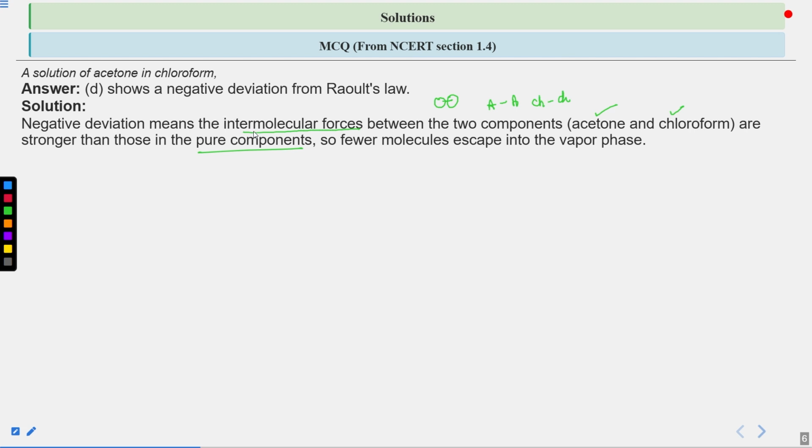And the intermolecular forces between the different components, between acetone and chloroform, you can say A and CH. So the negative deviation means that the intermolecular forces between the two components are stronger than those in the pure components. So fewer molecules escape into the vapor phase.